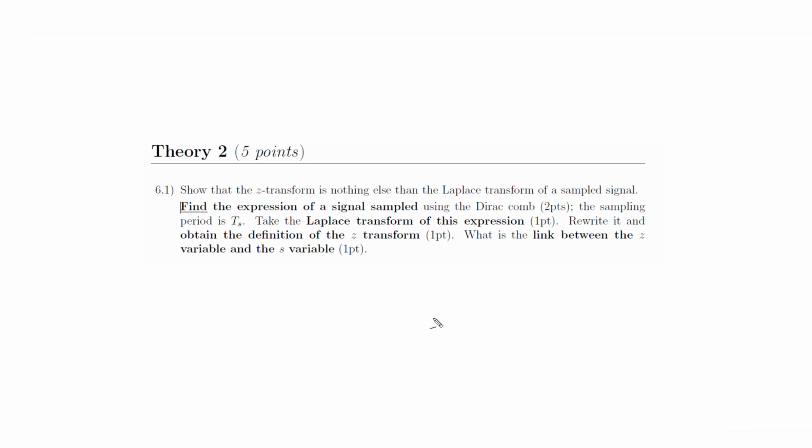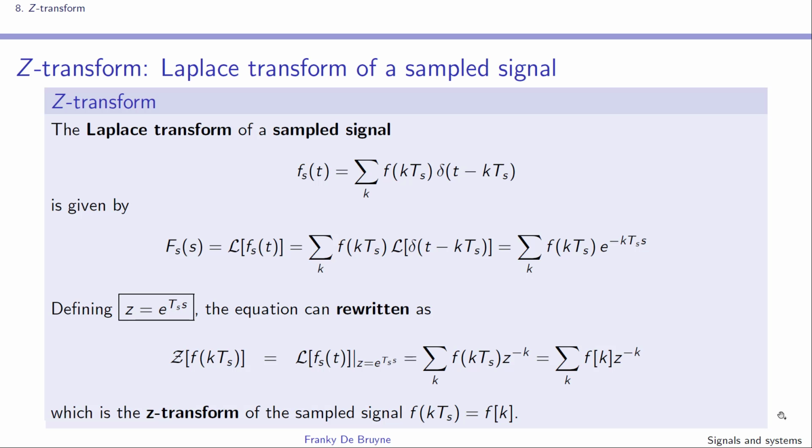And then you take the Laplace transform of this expression and you rewrite it in such a way that you obtain the definition of the z transform, and then you'll find also automatically the link between the z variable and the s variable.